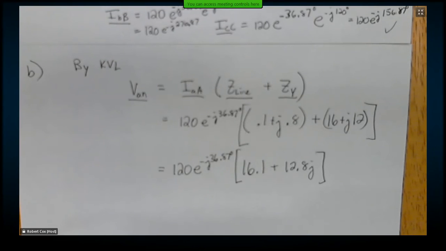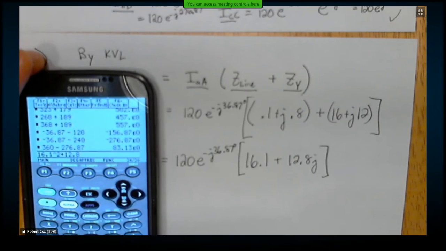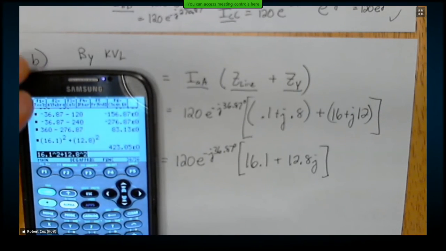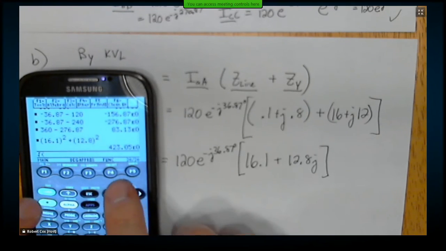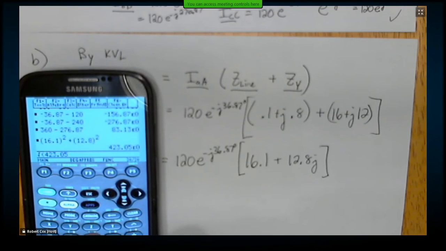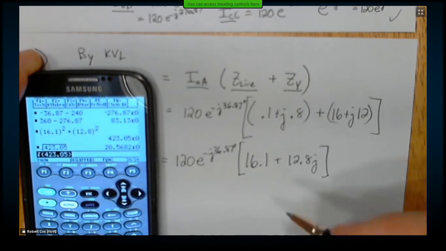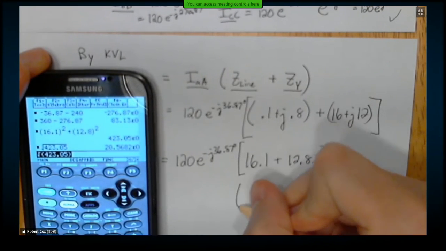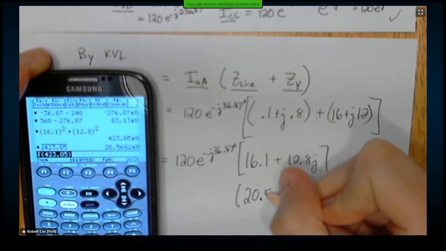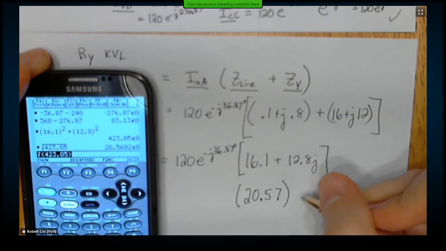So 16.1 squared plus 12.8 squared, and take the square root of that. That is 20.57.